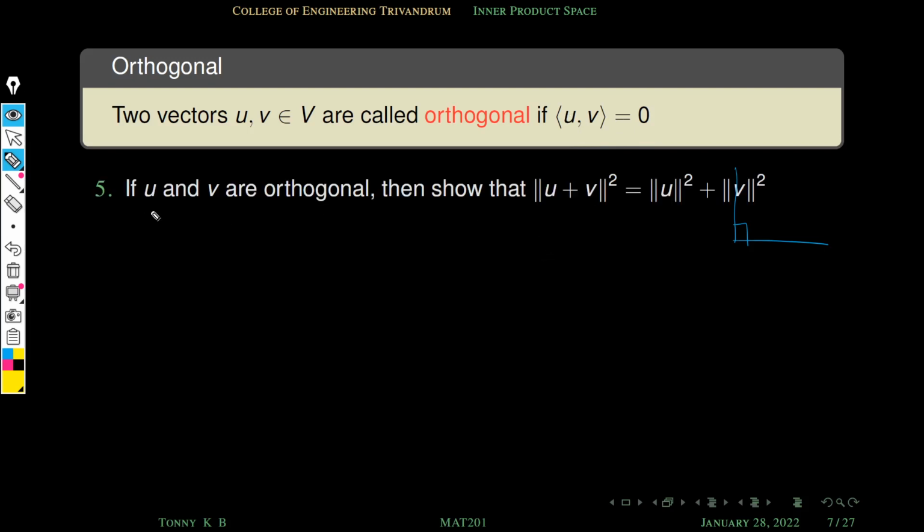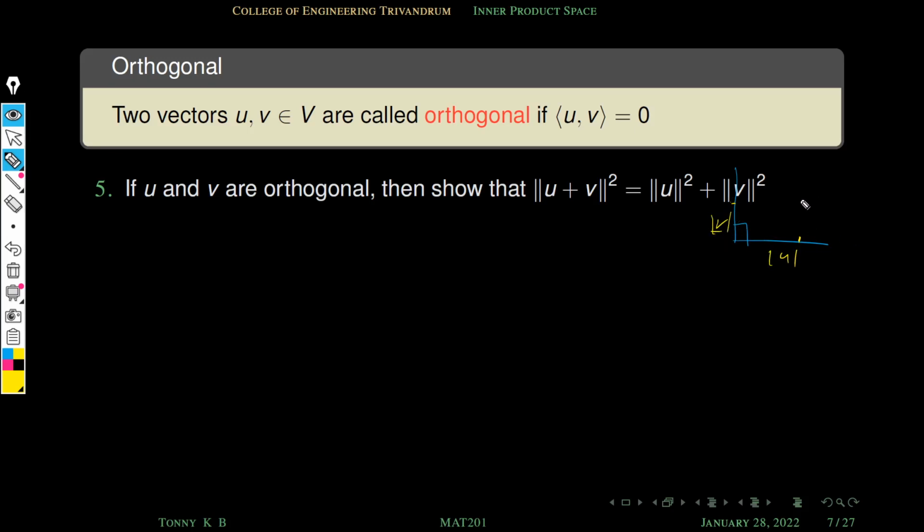Okay, another property. If u and v are orthogonal, then show that norm of u plus v square is equal to norm u square plus norm v square. This is the generalization of our Pythagoras theorem. For example, in 2D, let this vector be u and this vector be v. Then this length is modulus of u and this length is modulus of v.